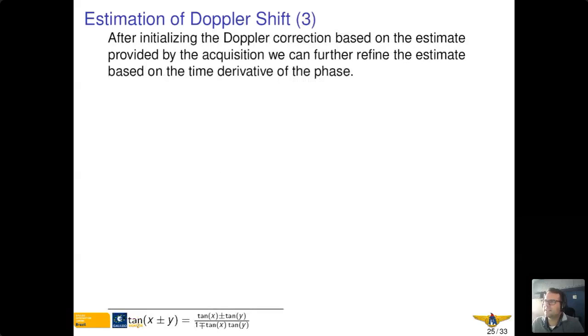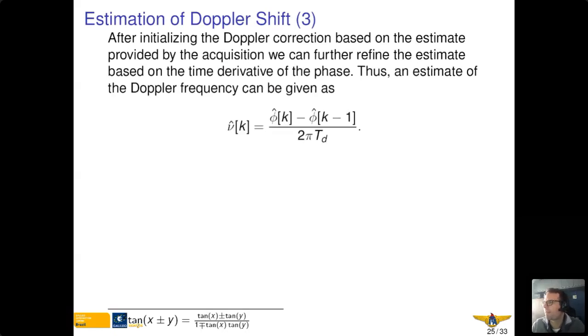After initialization, the Doppler correction based on the estimate provided by the acquisition, we can further refine the estimate based on the time derivative of the phase. Because the derivative of the signal phase is the Doppler frequency, the change over time of phase.